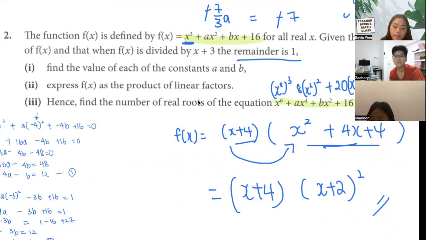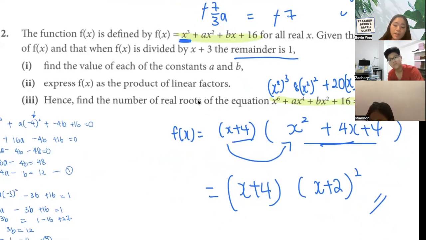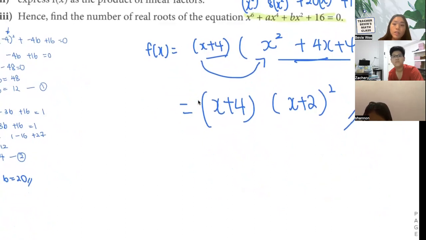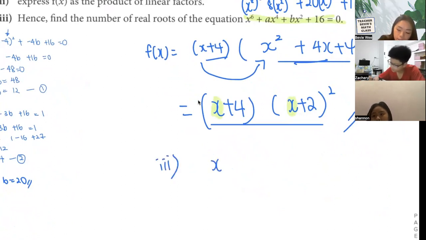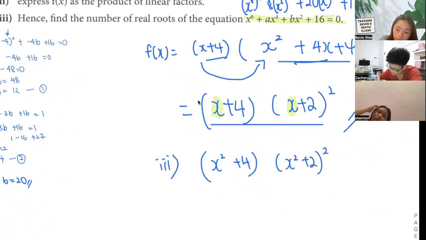So my x over here is actually x squared, which I factorized in my part 2. You all helped me factorize this part here, but I'm just going to change all this x to x squared. Yes, that's right. So this is (x squared plus 4) times (x squared plus 2) whole thing squared equals 0.